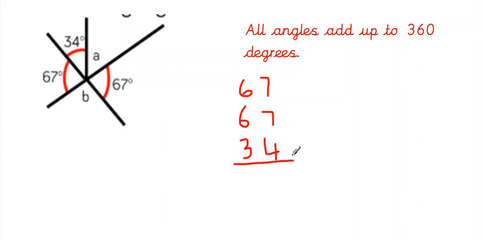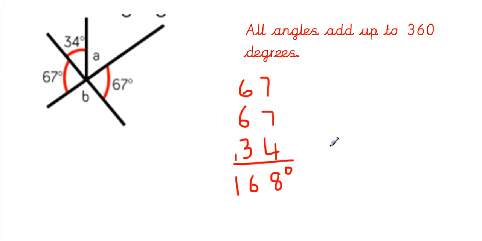So 7 add 7 is 14, add 4 is 18. And then I've got 6 add 6 is 12, add 4 is 16. So altogether so far I've got 168 degrees.